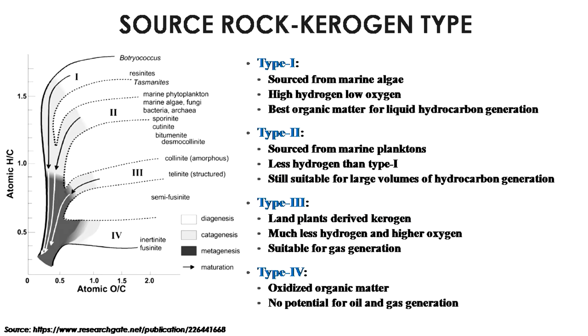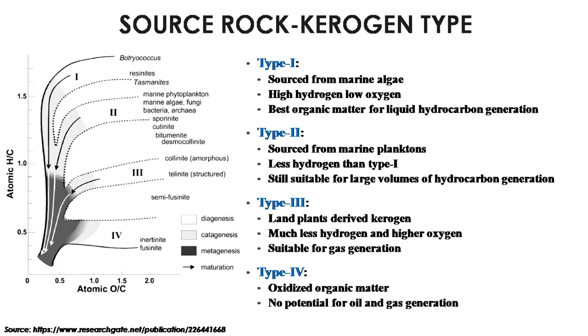So, we learned about organic richness, that is how much organic matter is there which can generate hydrocarbon. We also learned about kerogen type. So, you can understand that it is not only the organic richness, also what kind of kerogen is there, that also determines how much volume of oil or gas we can get from that source rock.